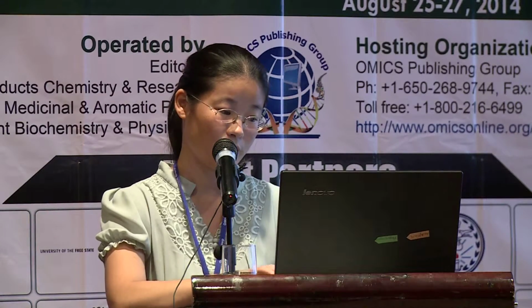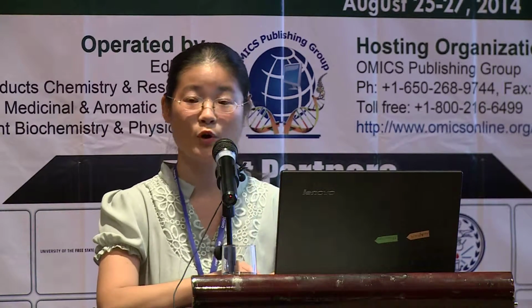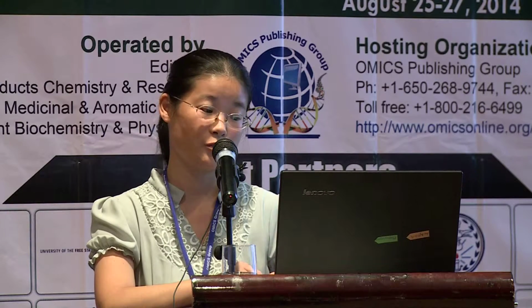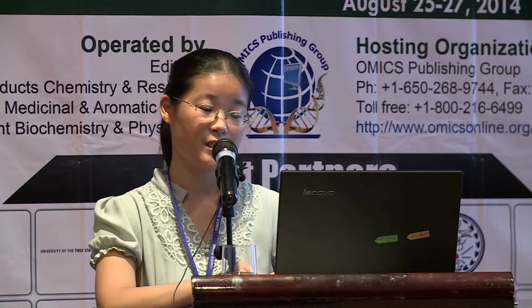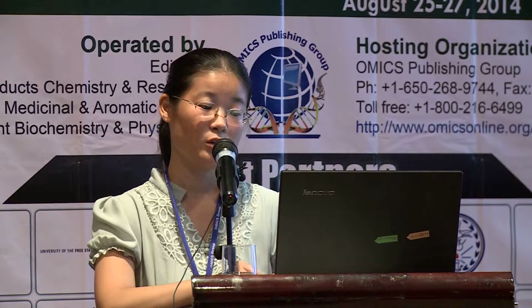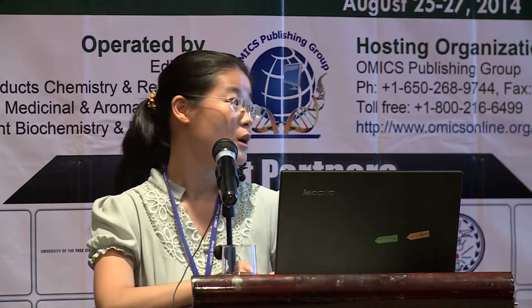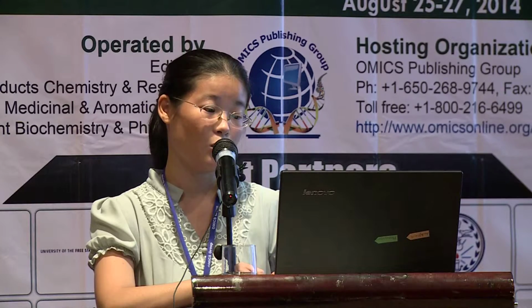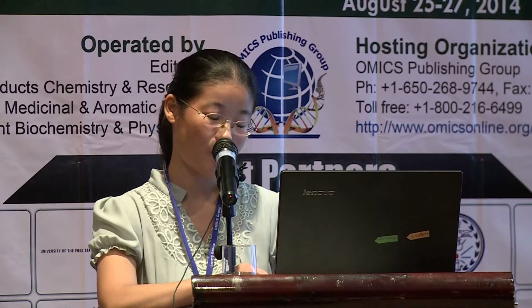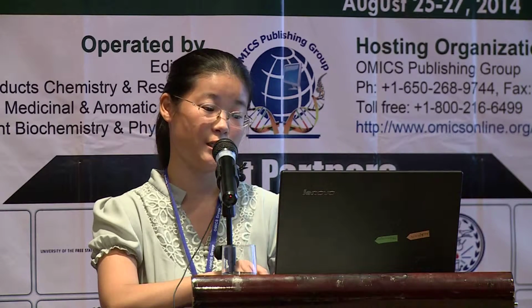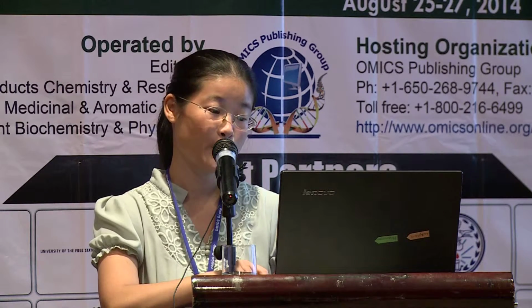So from the soluble proteins and carbohydrates results, we can find that an unbalanced or uncoordinated carbon-nitrogen metabolic status existed in the transgenic plants.